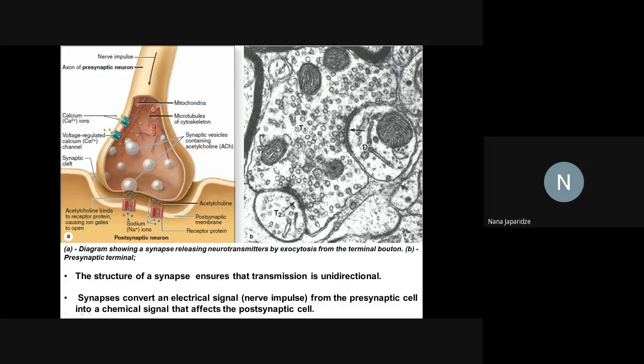So here you see this presynaptic part, with mitochondria, with vesicles, and the myelinated part of the axon is also visible. Here is the cleft, look, the synaptic cleft. This is the dendrite here, and mitochondria.